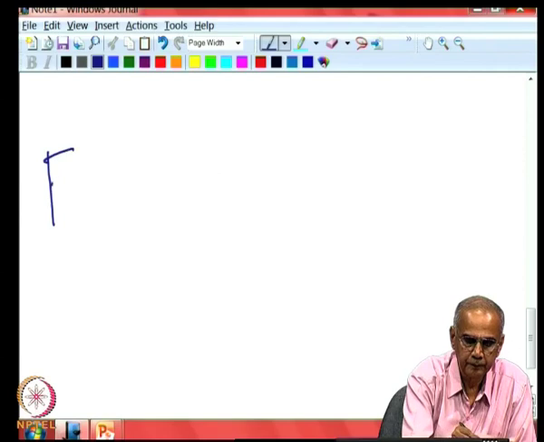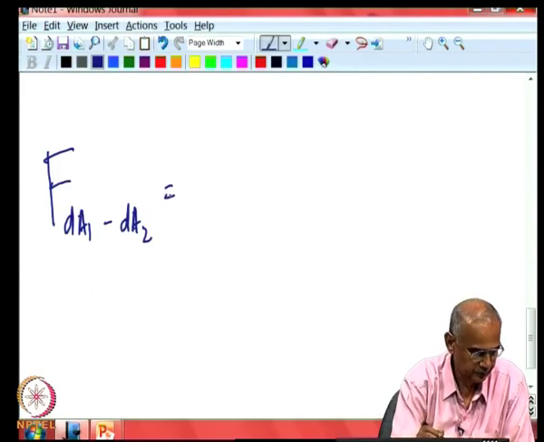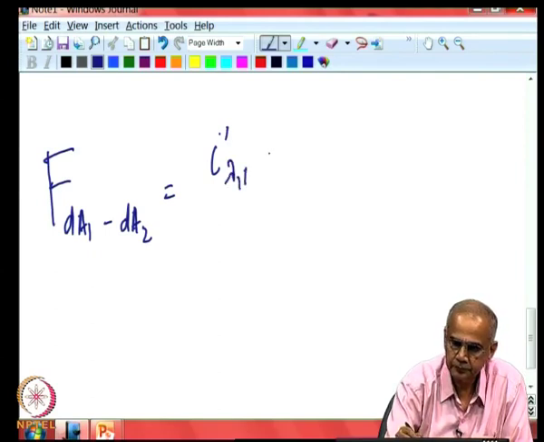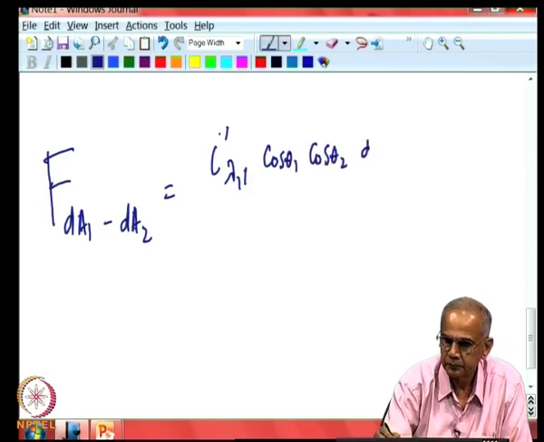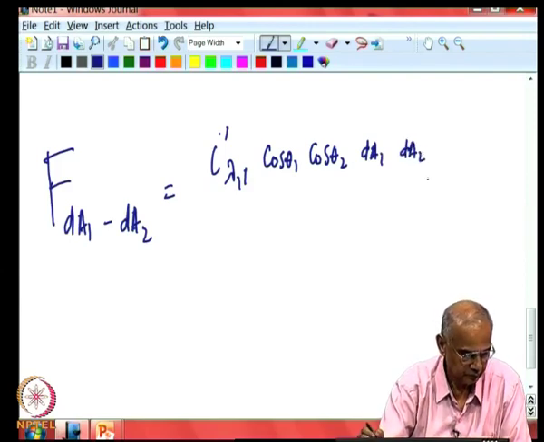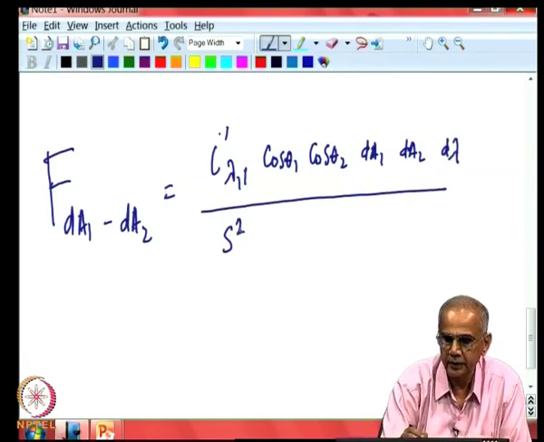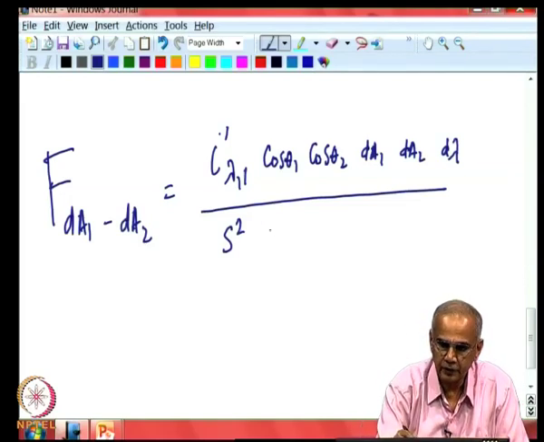F dA 1 dA 2 equals the radiation leaving 1 and reaching 2, that is the numerator, which we saw just now, divided by the radiation leaving 1 in all directions.